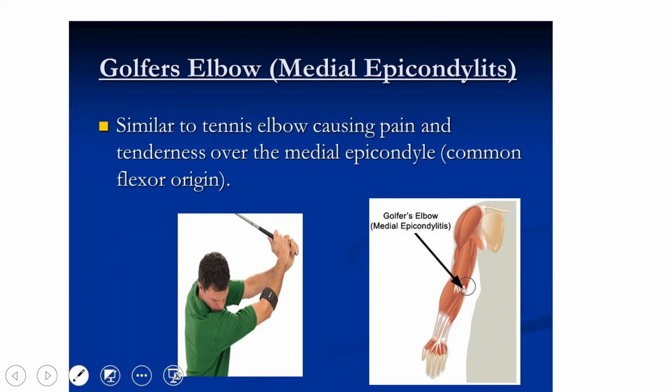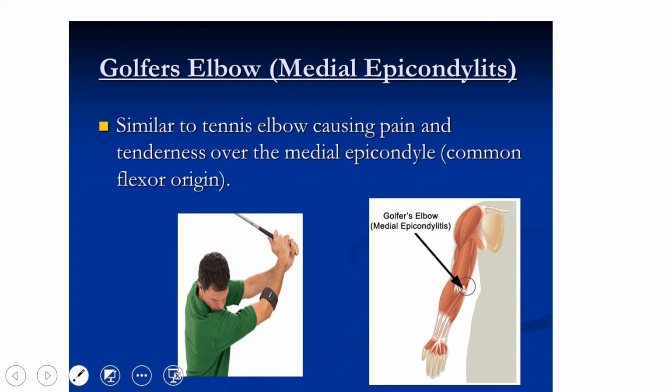The last clinical condition to be discussed is medial epicondylitis, also called golfer's elbow, as this condition is commonly seen in golf players. There is inflammation of the common flexor tendon at the medial epicondyle of the humerus, resulting from repetitive flexion and pronation of the forearm at the elbow.